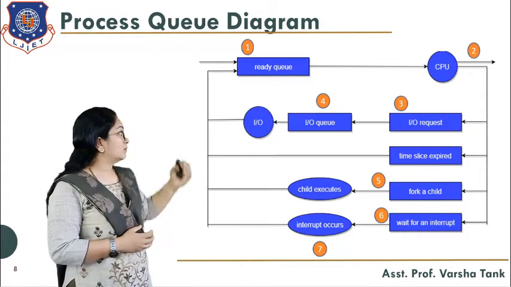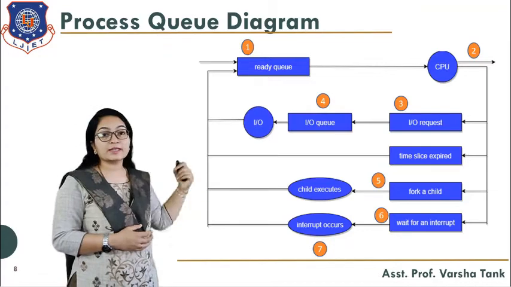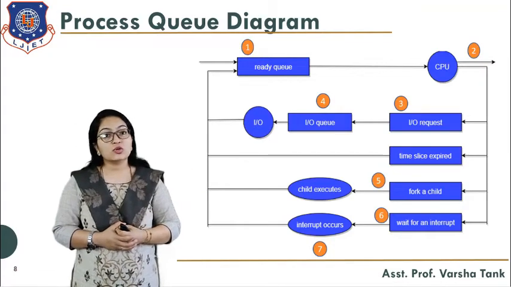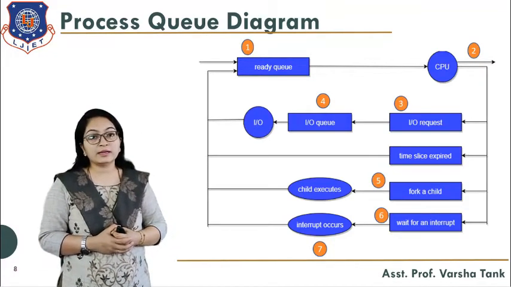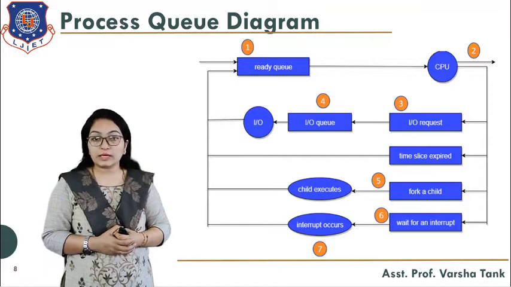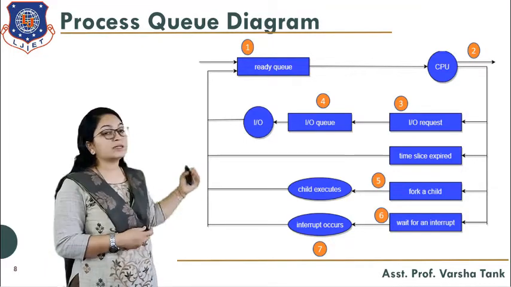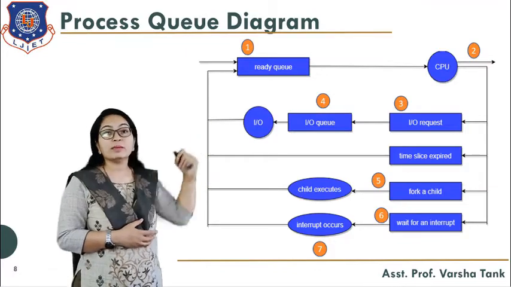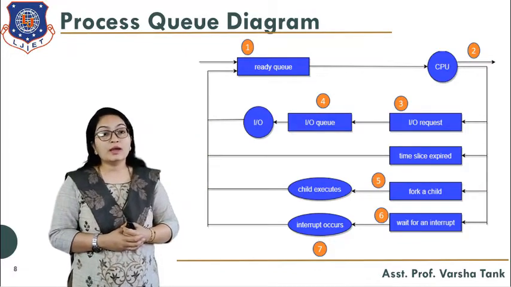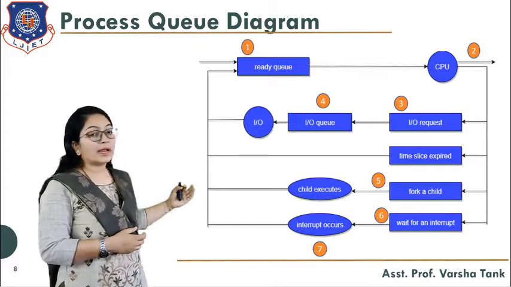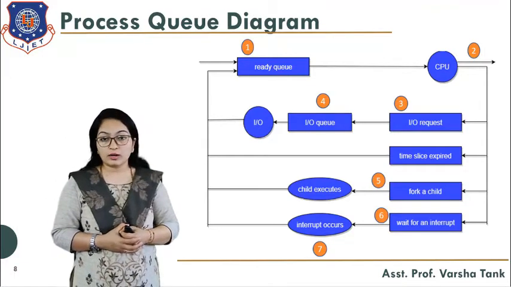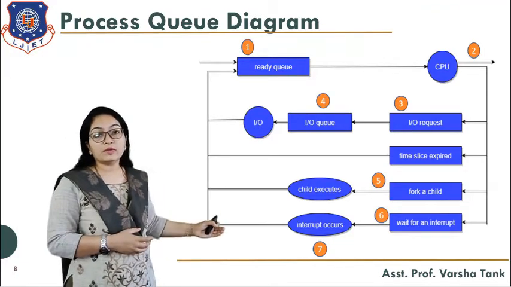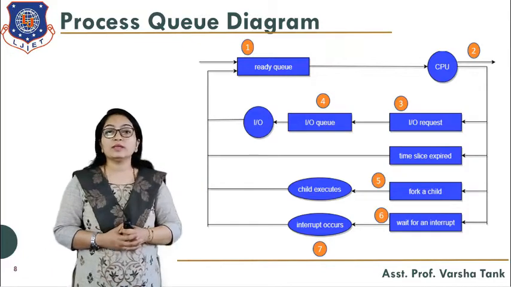Maybe it is possible the process has created a child. If the process has created a child, the process will go in the waiting state until its child completes its execution. Then again the process will be in the ready queue. Now it waits for any interrupt to occur. If any interrupt occurs, again it will go in the ready queue.